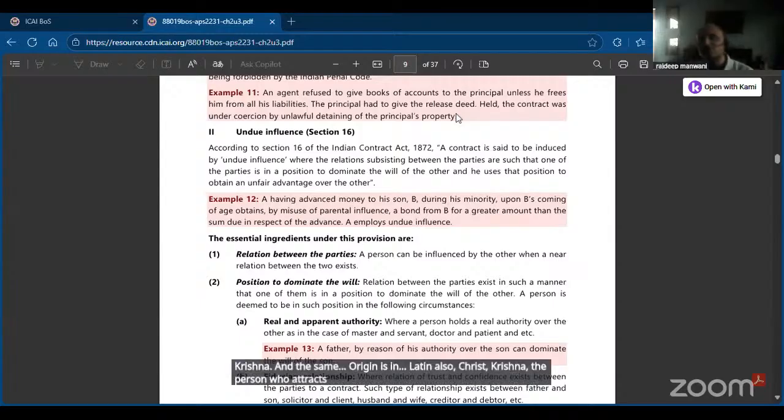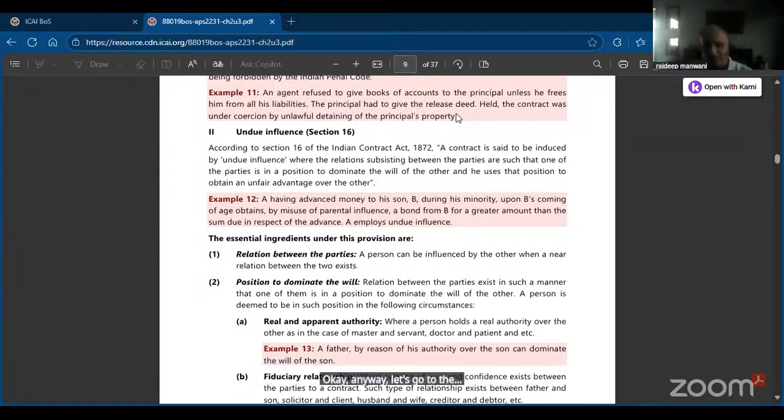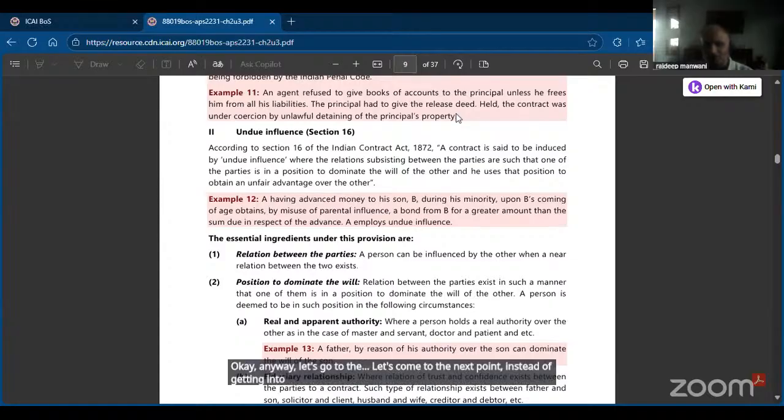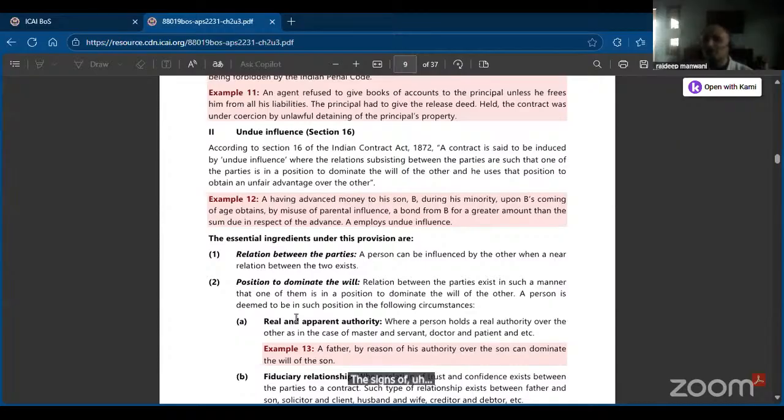Anyway, let's come to the next point instead of getting into the science of origin of names. What is it called? Etymology. I think etymology is more for words, but I'm not sure if it's the same for names. For names it would be something else.